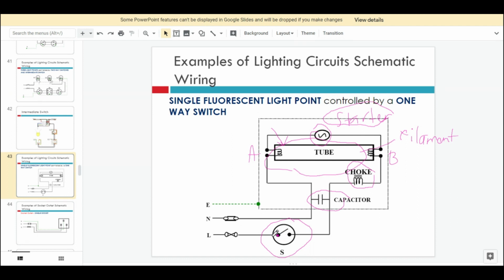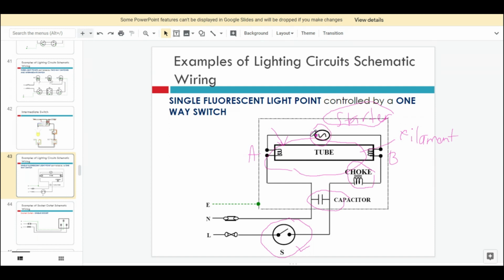Basically, the function of this fluorescent light is, first of all, the switch will turn on. When we turn on the switch, the current will flow to the choke and go to filament B, and then go to the starter.